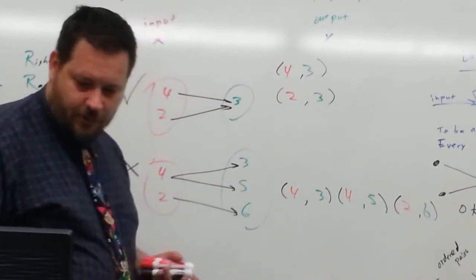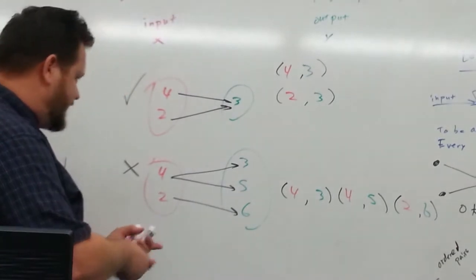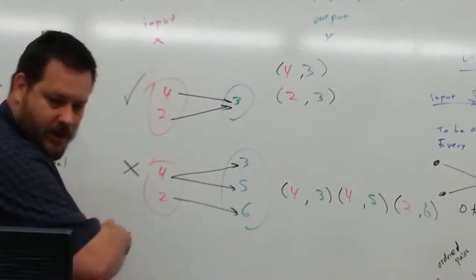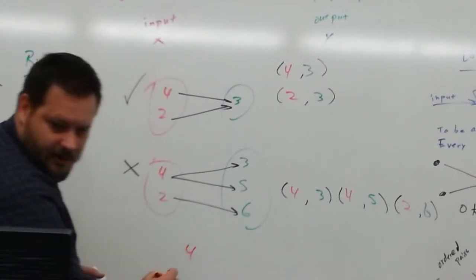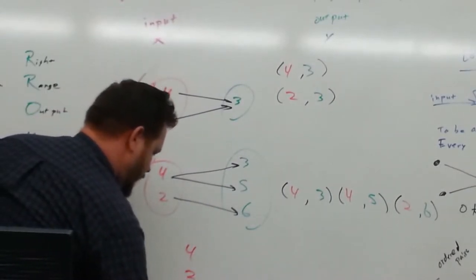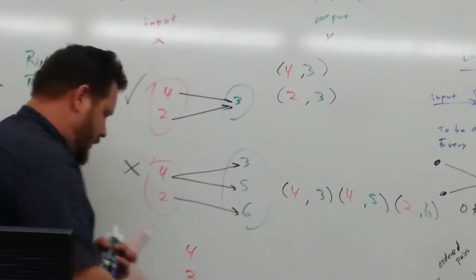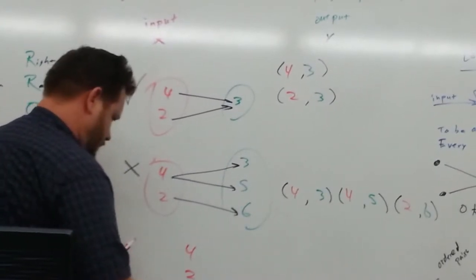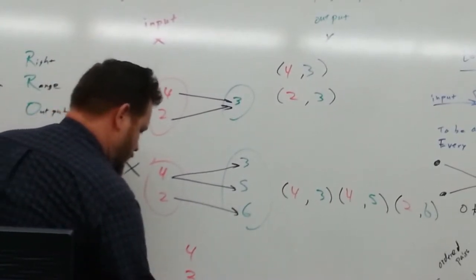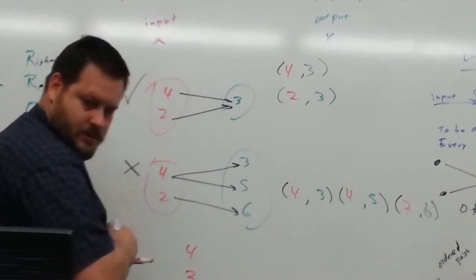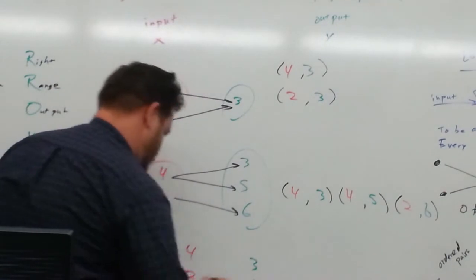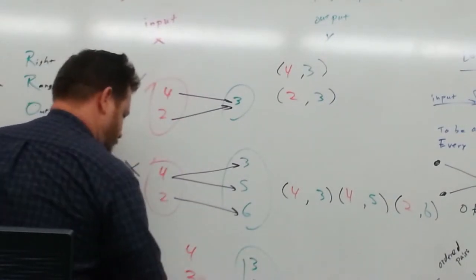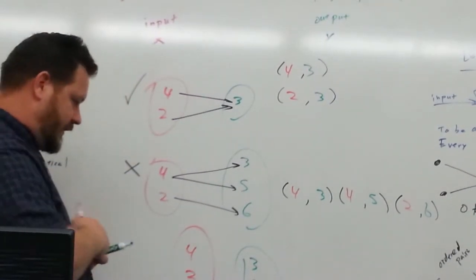If I did that one in this style, 84.10 letter C, we've got 4, 2, 4, 3. That was kind of like doing this.